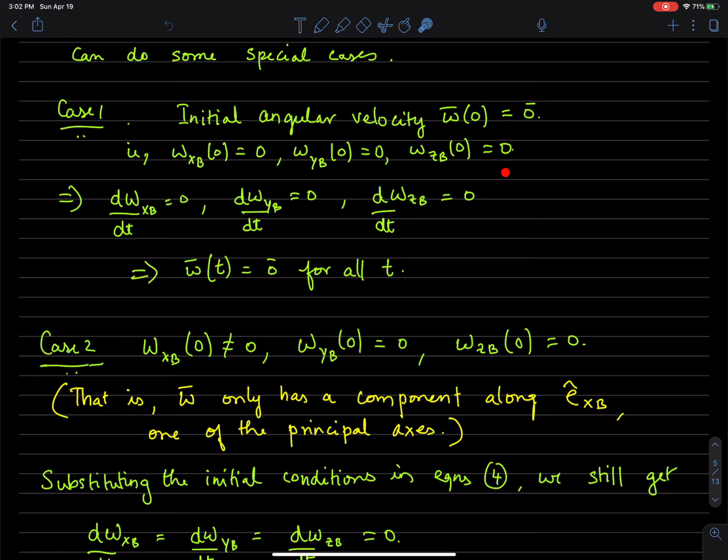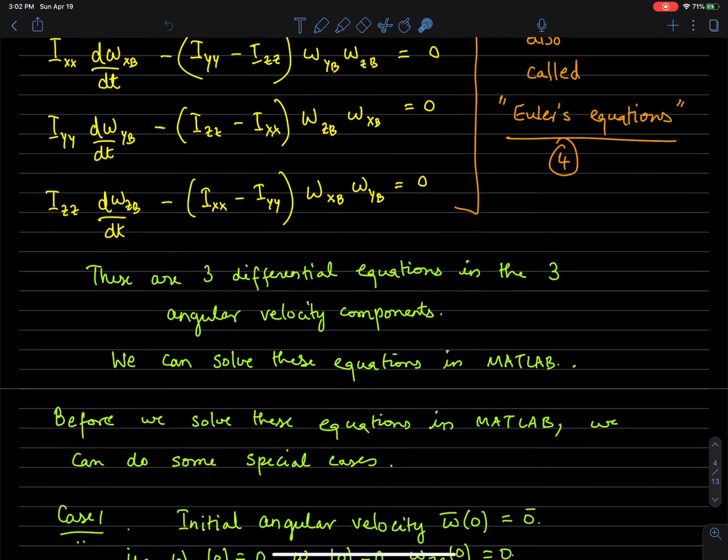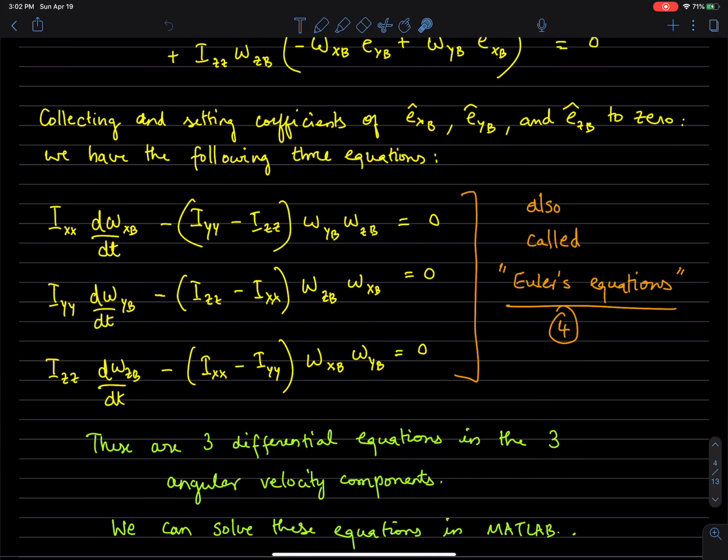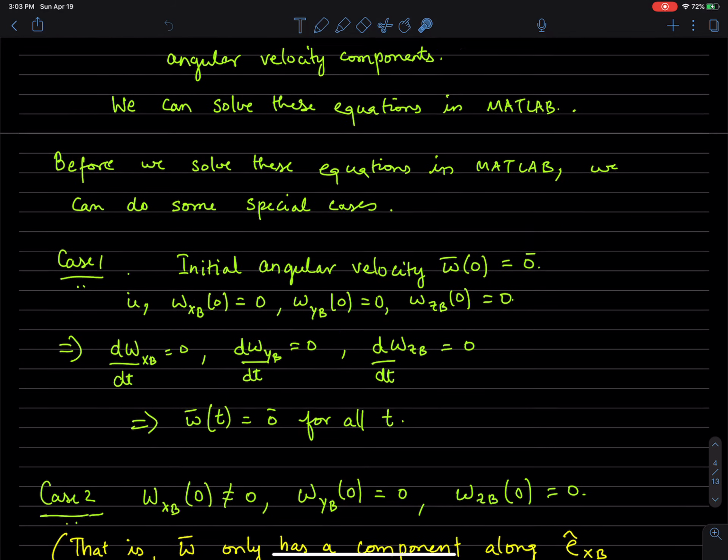In this condition, we can plug these three zero initial conditions in here, and what we get is d omega xb by dt equals 0, d omega yb by dt equals 0, d omega zb by dt equals 0. So if you start with initial omegas equal to 0, the rates of change of omegas remain 0 for all time.